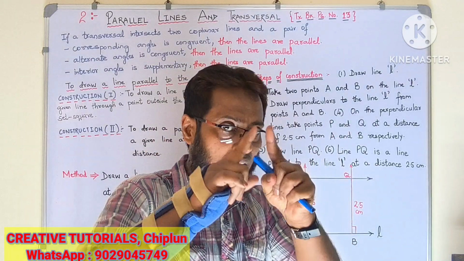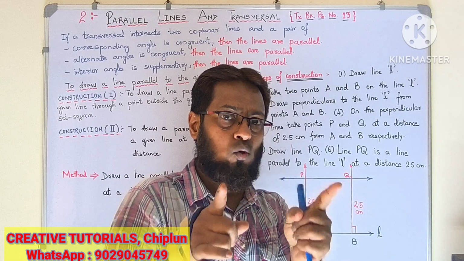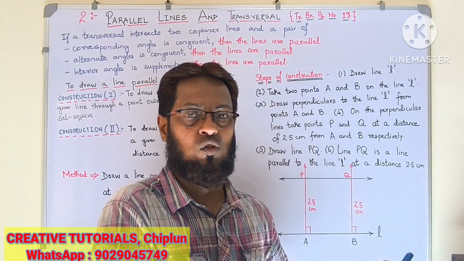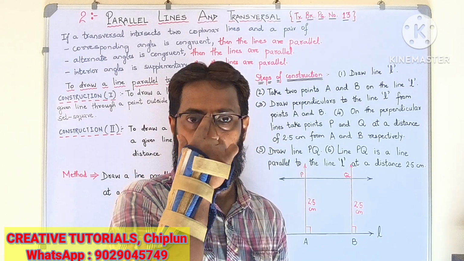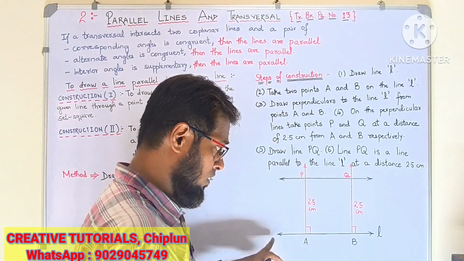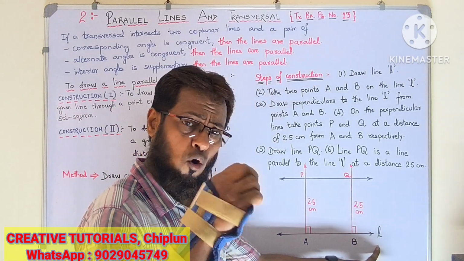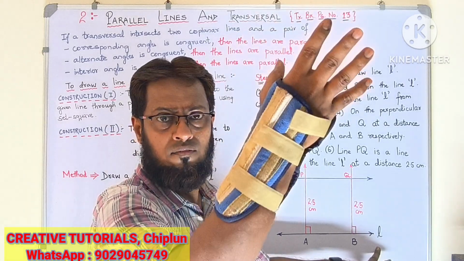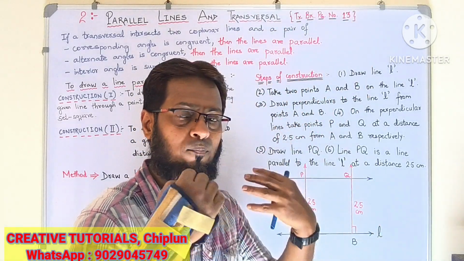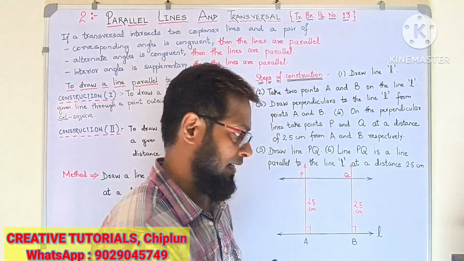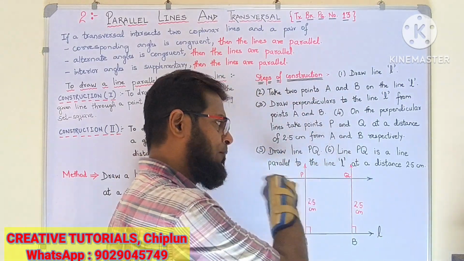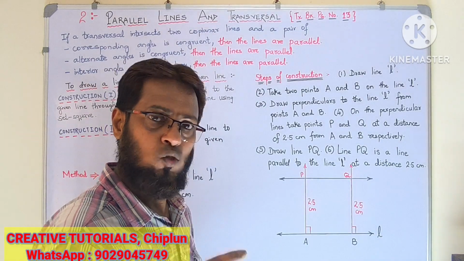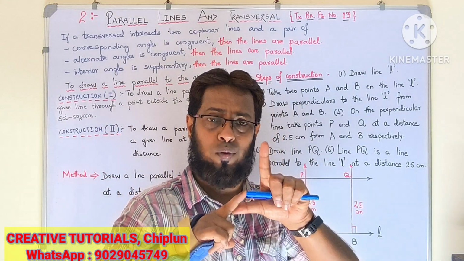I am trying to relate these two so that those who have not seen the previous video will get a rough hint of what we had done there. So this line was drawn and one point was outside. We were asked to take a point outside the line. So we had taken somewhere here or here, wherever. And then at that point we had drawn one parallel. So for that we had made use of set squares.